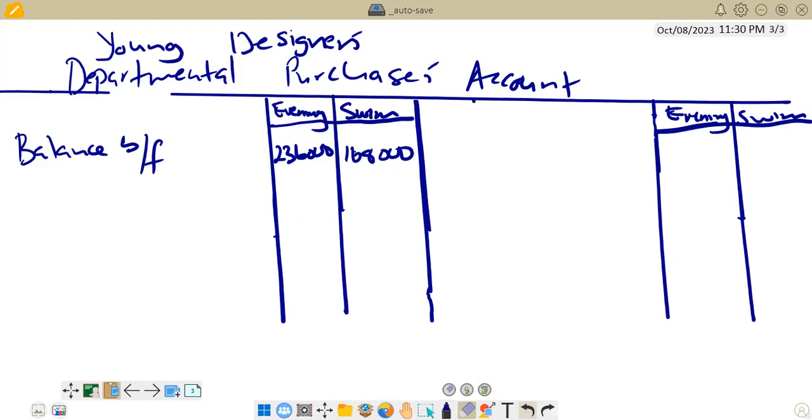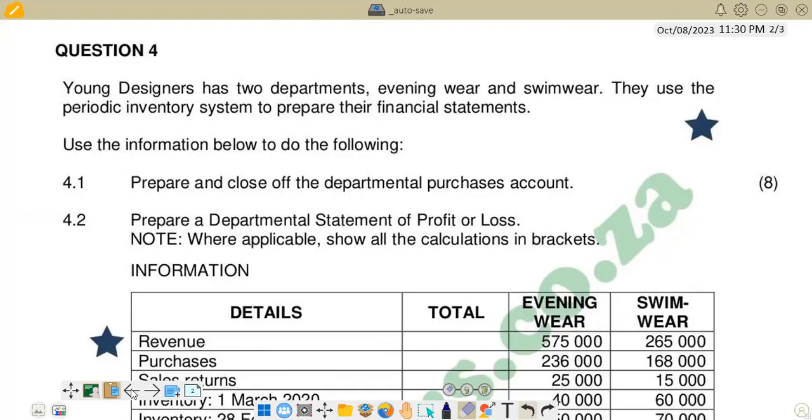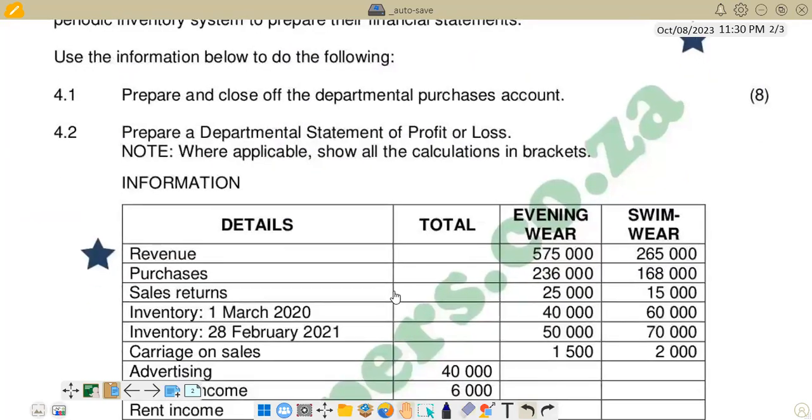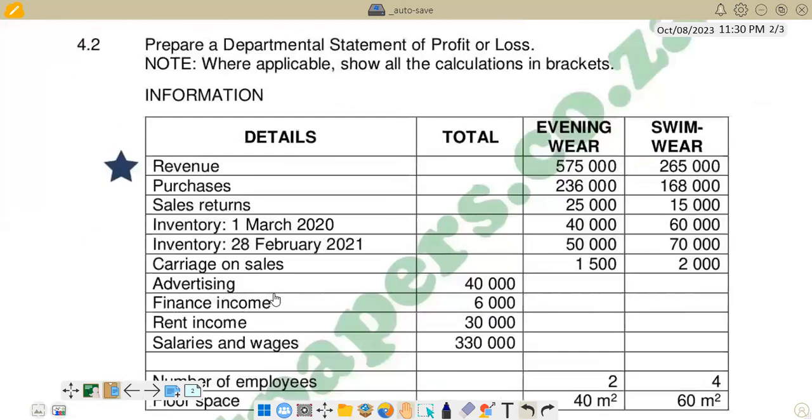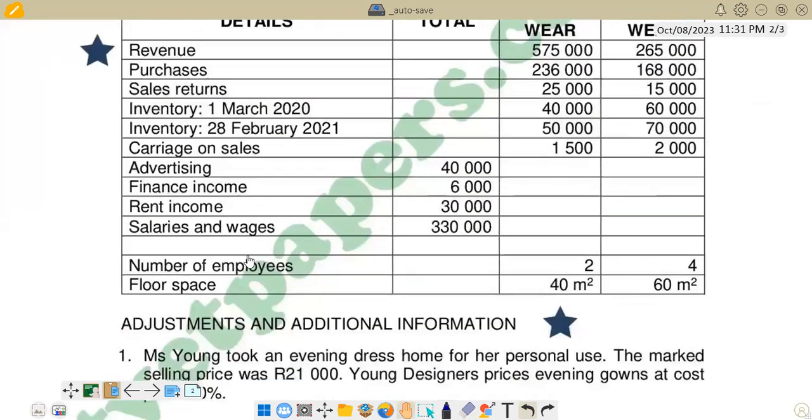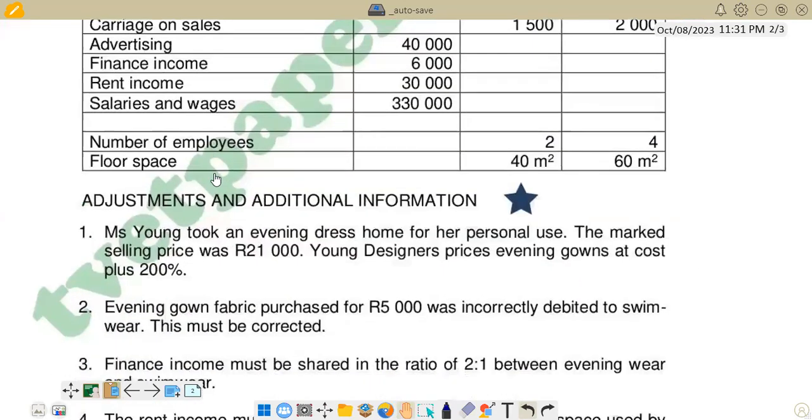Then we check for other entries that we need to make in the purchases account. Going down the question, let's check all the additional information for anything affecting purchases, and we are going to add it into that account.